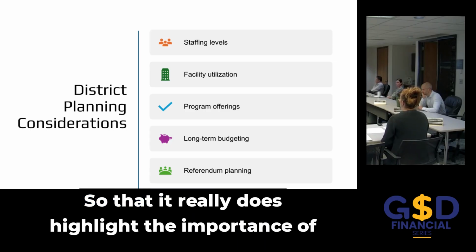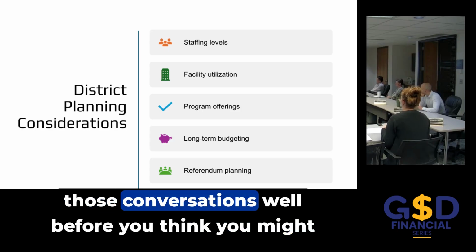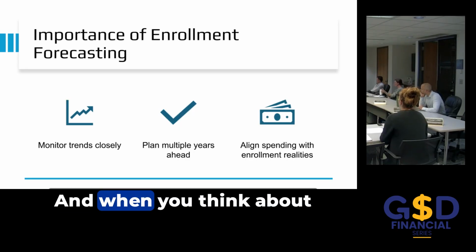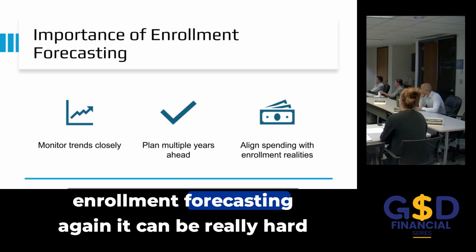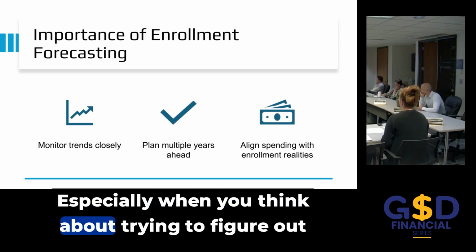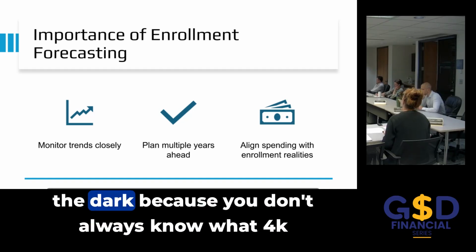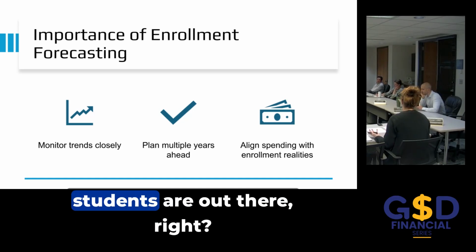So that really does highlight the importance of having long-term budgeting at the forefront and having those conversations well before you think you might be impacted. And when you think about enrollment forecasting, again, it can be really hard to nail down, especially when you think about trying to figure out how many 4K students are coming in. That's a shot in the dark because you don't always know what 4K students are out there, right?